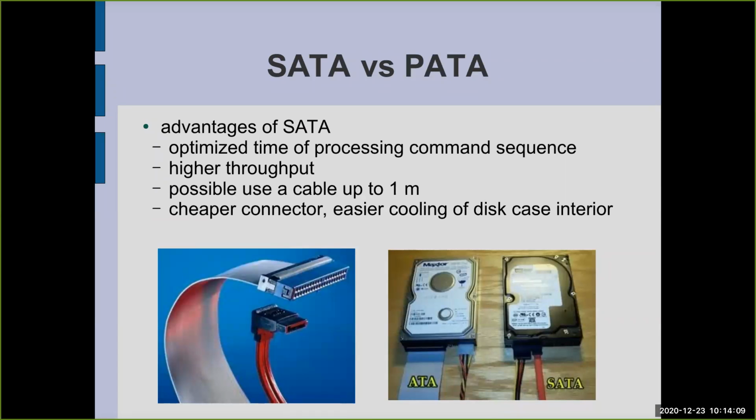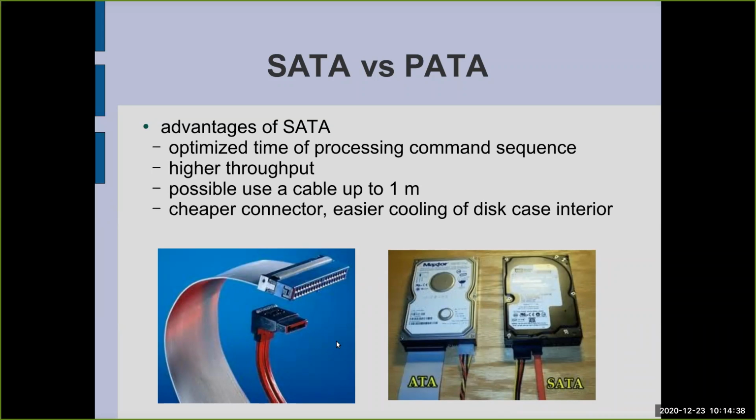So look, if we compare serial ATA with parallel ATA, it seems that this technology was more expensive because even for the cable, we need more lines, bigger plug, and so on.